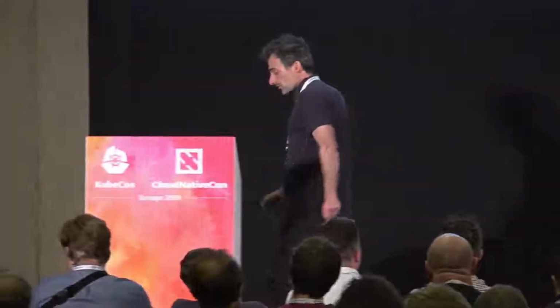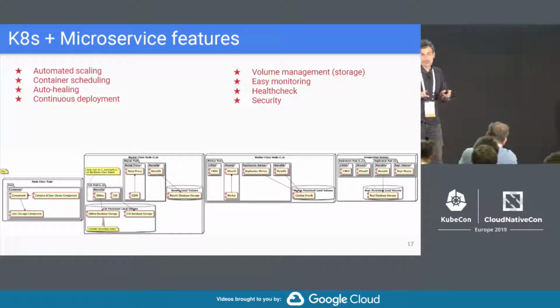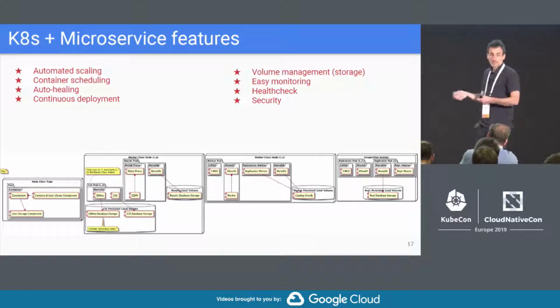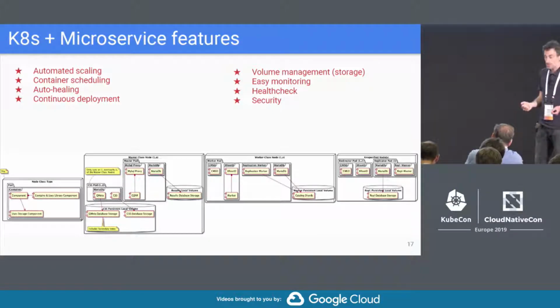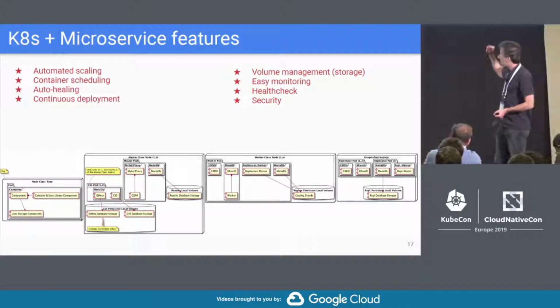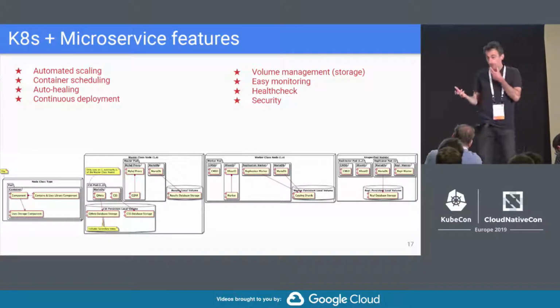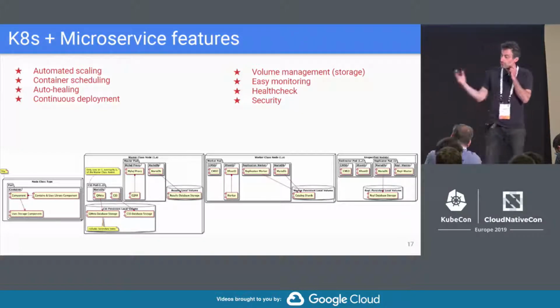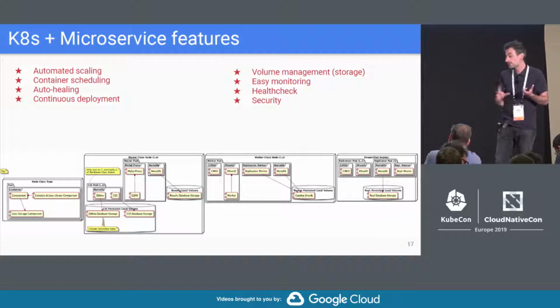Then we also have continuous deployment, as I showed you. It's manual, but we are going towards something more automated. We have volume management, which is interesting because we have stateful sets with a persistent volume claim template. I won't go into the detail, but Kubernetes manages the storage. We have local disks on our cluster, and when we go to Google we use Google persistent disks with the SAN.